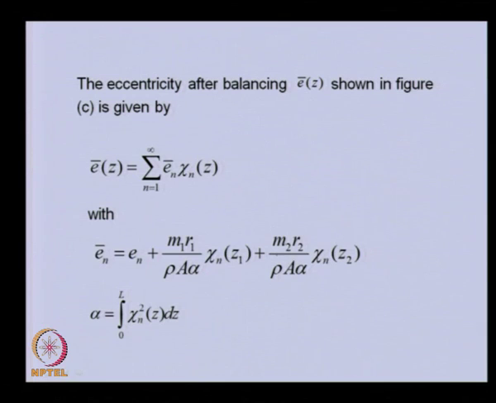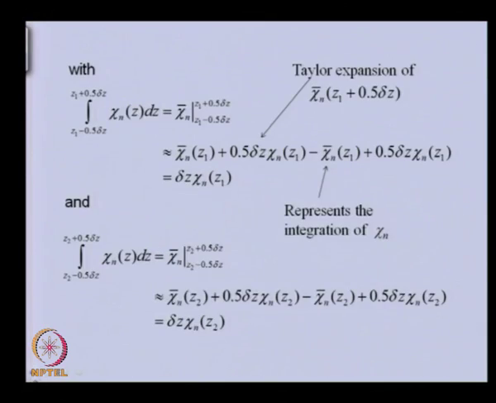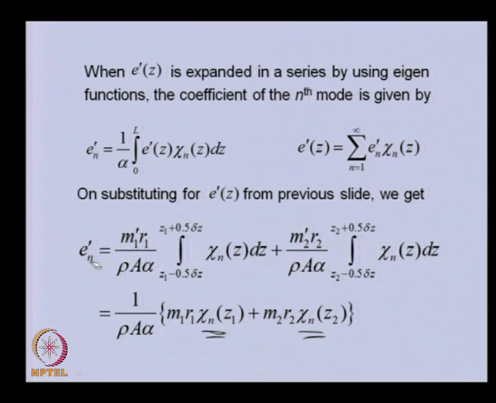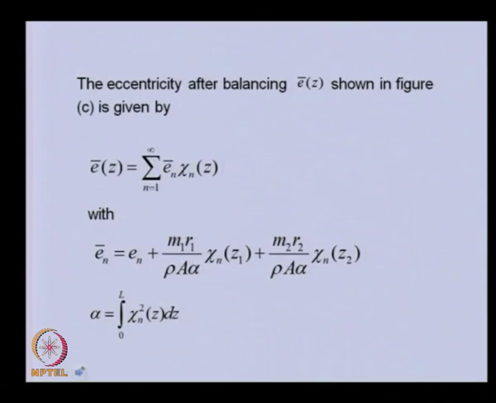So, these two we obtain here, this is due to the shaft eccentricity, these are due to the eccentricity due to the correction mass, and where alpha is given by this.